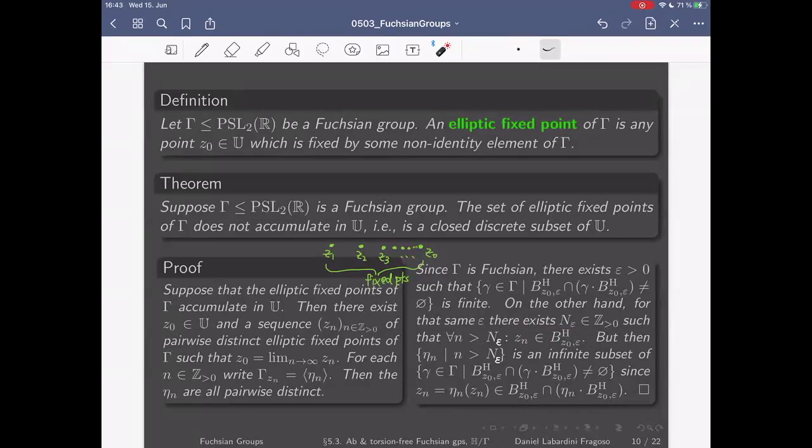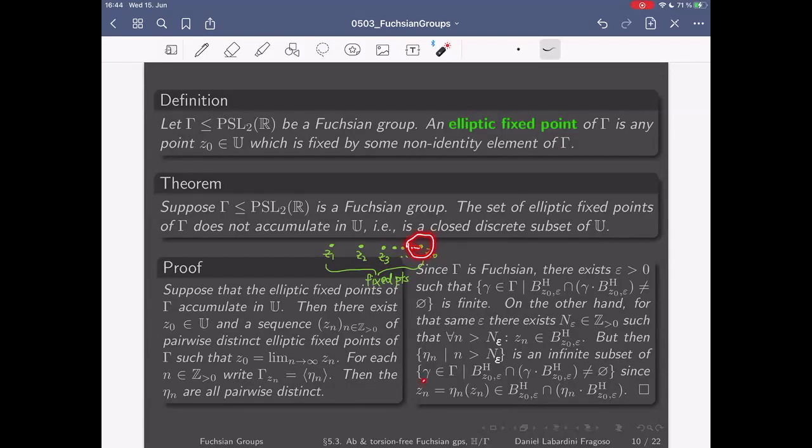Right, and then the problem is that we have these eta n which generate the stabilizers of the individual fixed points, and we said they're all pairwise distinct, but they are all fixing those fixed points, which all lie in the small neighborhood.